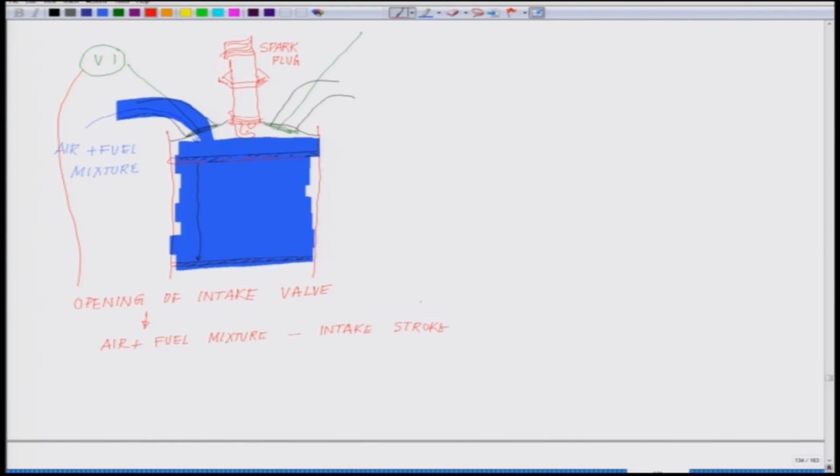Why is it called the intake stroke? Because this plunger is moving down, it moved down like this. The piston is moving down. So here is a piston which is moving down.